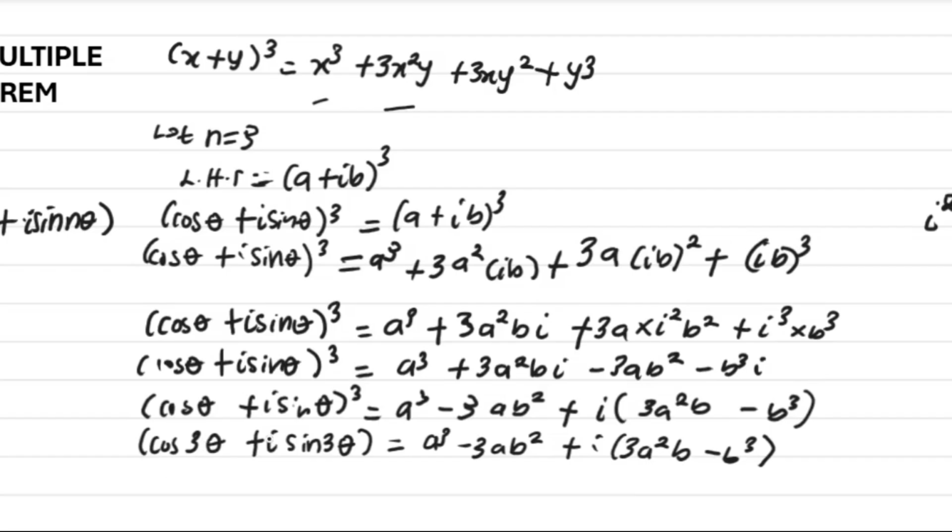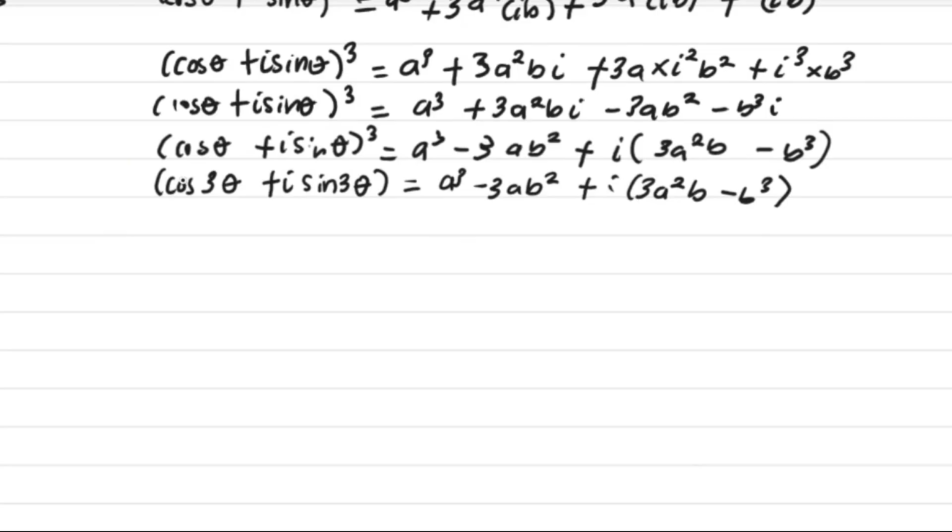The first derivation is that the real part here, which is cos 3 theta, is equal to the real part at the other side, which is a raised to power 3 minus 3ab square. And the other derivation is that the imaginary part here is equal to the imaginary part here.